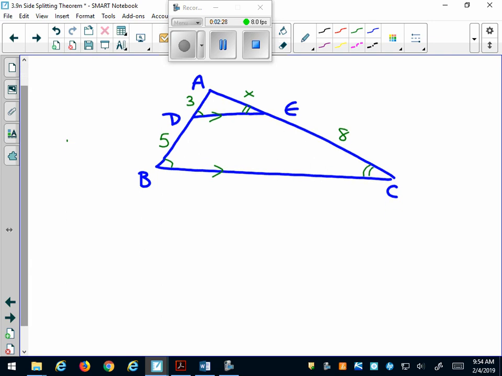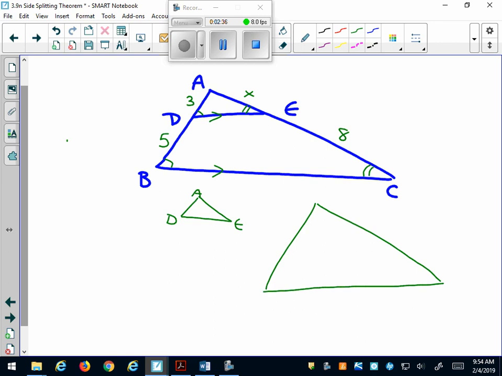Now, we have to be careful because we have this smaller triangle, DAE, and we have the larger triangle. And they're overlapping, so it's always a good idea to draw them separately and label the sides carefully. Now, in DAE, this side is 3 and this side is x. I don't really care about the other side.